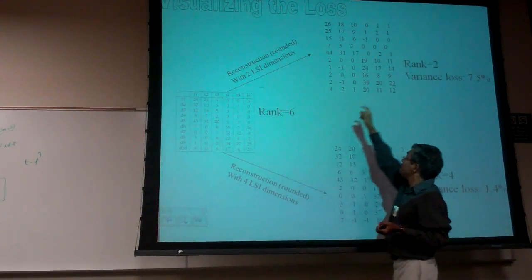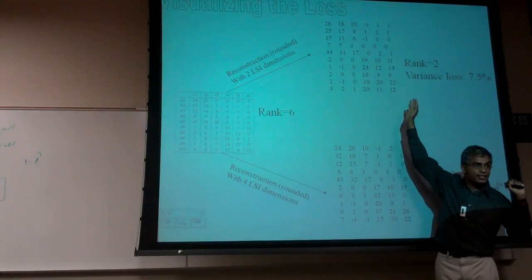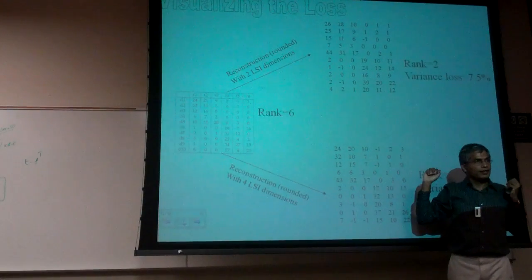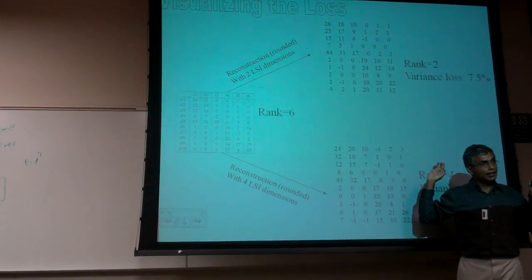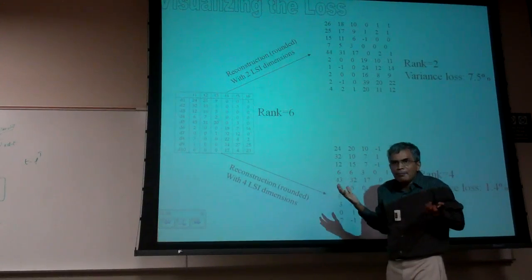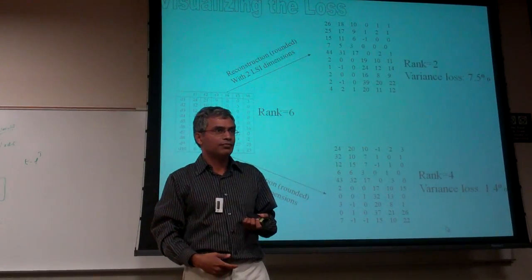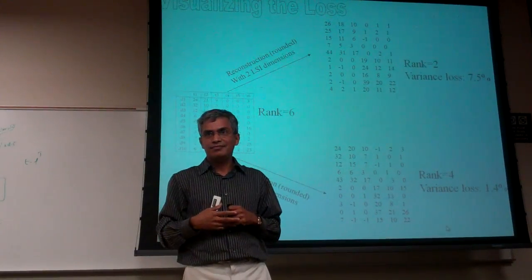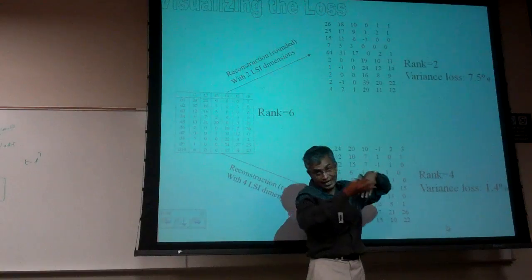What's interesting is, this is a matrix of size 10 by 6, and it happens to have rank 2. You can verify this. But there are infinite number of 10 by 6 matrices with rank 2. Why this one? Because there is actually a proof, which I cannot reproduce.